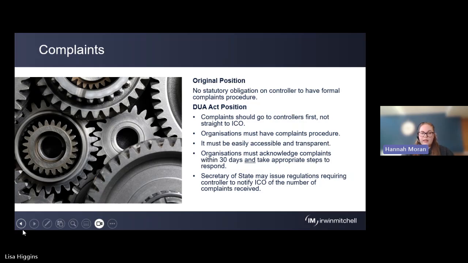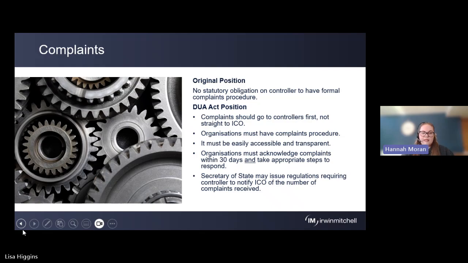Once you receive a complaint, you've got to acknowledge it within 30 days and advise of the outcome without undue delay. You've got to take appropriate steps to respond in those 30 days. The ICO advised that this would include things like making inquiries into the subject matter of the complaint, keeping the complainant informed about progress, things like that.